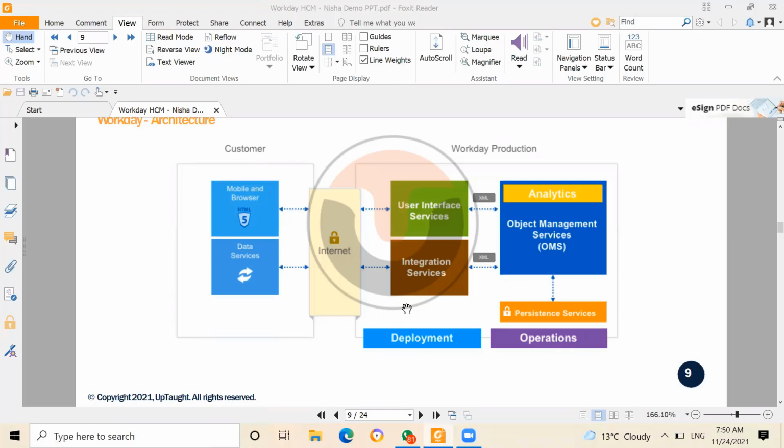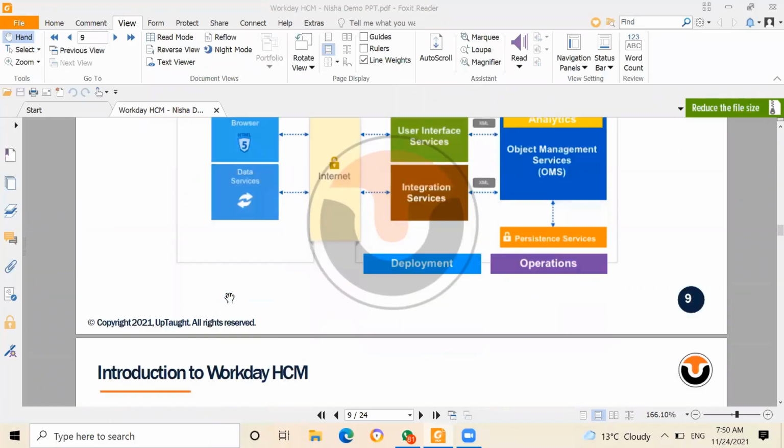Only if the database is interlinked, because the system doesn't know Gabriel. So we have to integrate the database. Gabriel's ID would be there. That ID should be related to which department he is working under, how many hours he has worked for a month, which is under time management, and when he joined. Everything would be integrated so that the data will be retrieved. That is called integration.